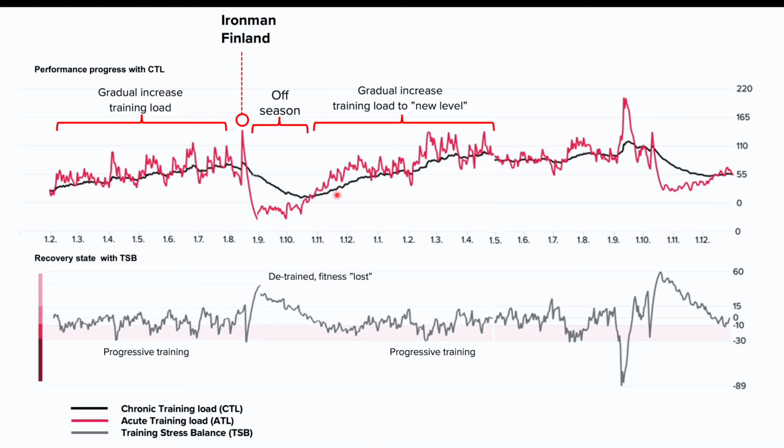This kind of very gradual increase is quite a safe way to train. Then the summer season starts with a few races, but the load is actually a bit easier compared to the latest months in spring.